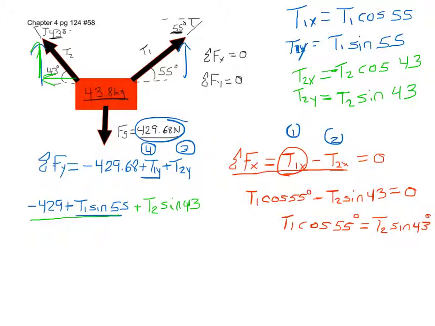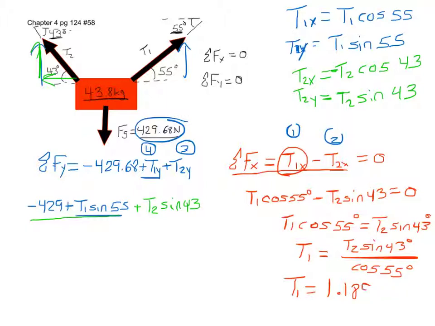Now if we go into our calculators, we can simplify this, or we can say that T1 is equal to T2 times cosine of 43 divided by cosine of 55. And we plug that into our calculator, we get T1 is equal to 1.189 T2.